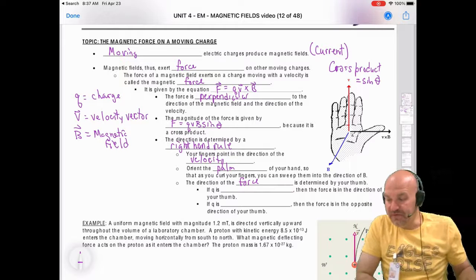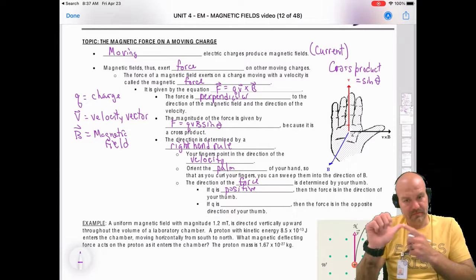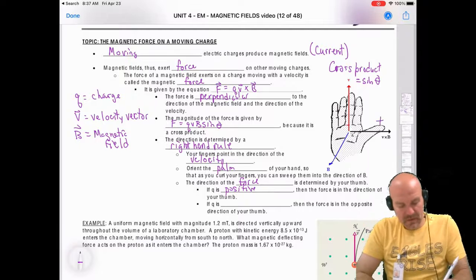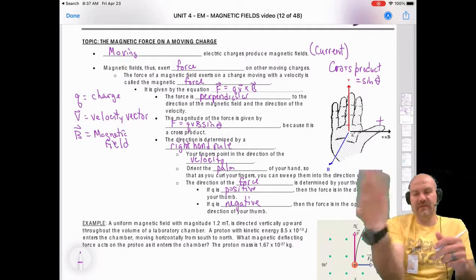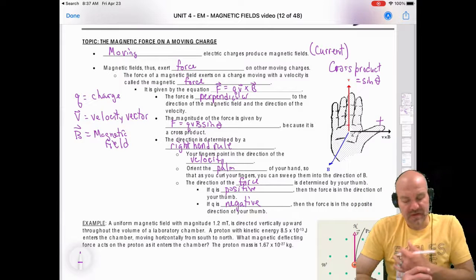Now, if q is positive, then the force is in the direction of your thumb. If it is negative, the force goes the opposite way.